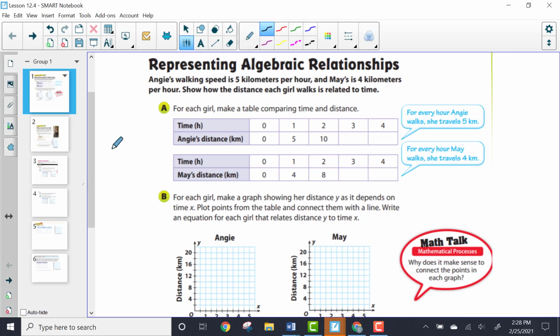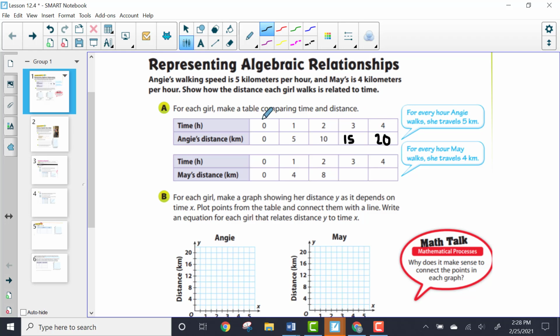All right, so it is important to understand that for every hour Angie walks, she travels 5 kilometers. So for this type of problem, we can see 0 hours, 0 distance, obviously. 1 hour, 5 miles, 2 hours, 10 miles, 3 hours, it looks like it's going to be 15. 4 hours would be 20 miles.